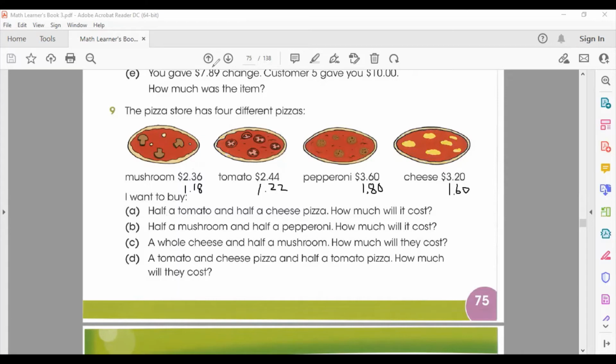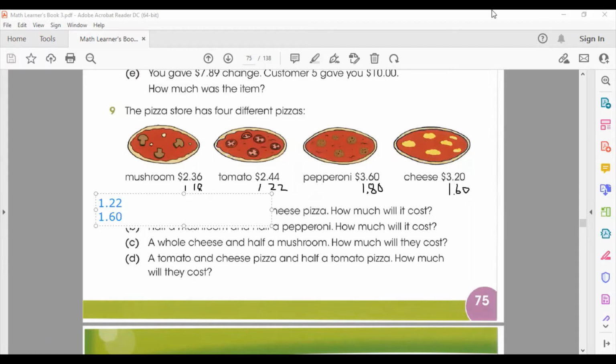Half a tomato and half a cheese pizza. How much will it cost? Half tomato, $1.18, plus half cheese, $1.60.